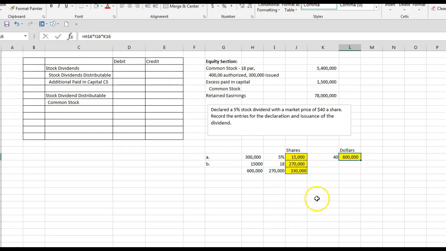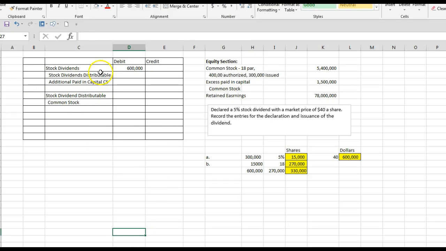So as I look at all of this, we've got this number and this number. That means I'm going to debit stock dividends $600,000. We have that one set. Now we've got a couple of others to worry about here.